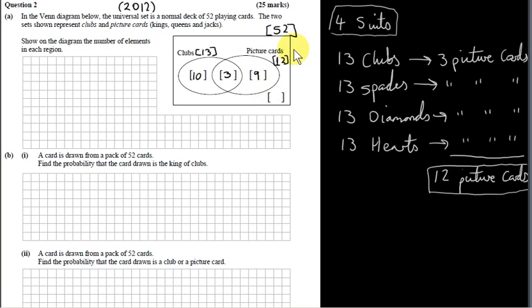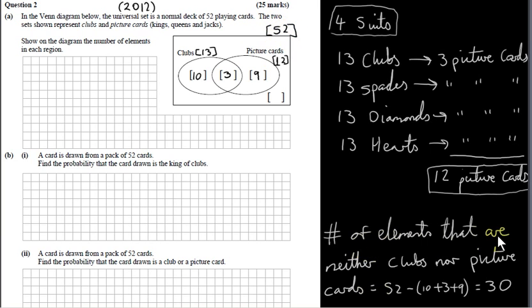Now, inside the universal set there are 4 regions. The 3 regions that I've filled in, and this region outside of these 2 ovals. 1, 2, 3, 4 regions. And the sum of the elements in the 4 regions must be 52. So we can work out the number of elements that are neither clubs nor picture cards by adding these 3 numbers together and subtracting the result from 52.